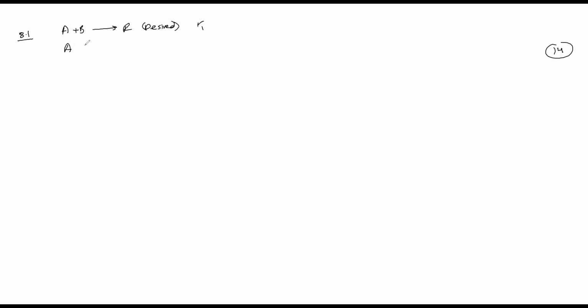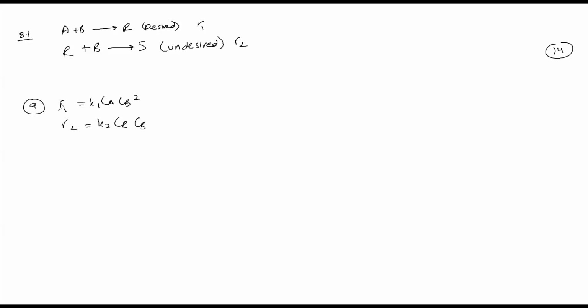Then I have R plus B going to S, and this is undesired, with a reaction rate of R2. For number one, you're told that R1 is equal to K1 CA CB squared, and R2 is equal to K2 CR CB.